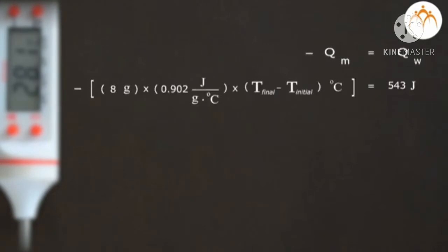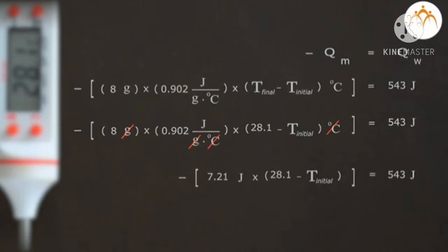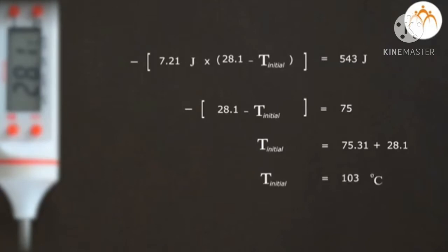So, minus of 8 grams into 0.902 joules per gram degrees Celsius into T final minus T initial degrees Celsius equal to 543 joules. So, T initial is equal to 75.31 plus 28.1. T initial is equal to 103 degrees Celsius.